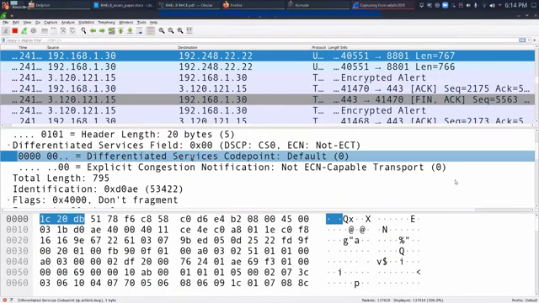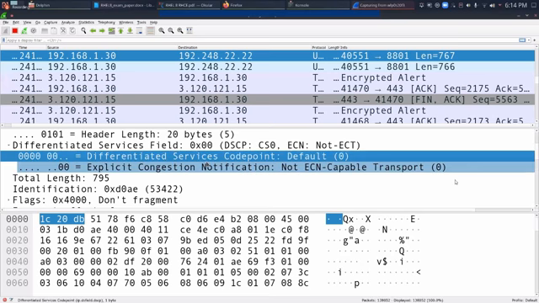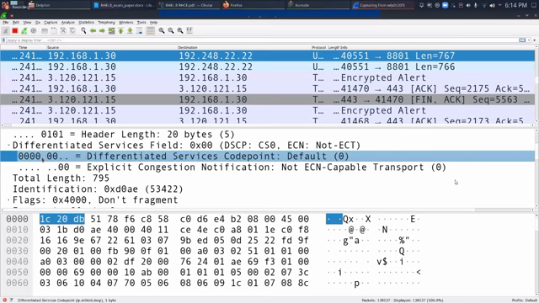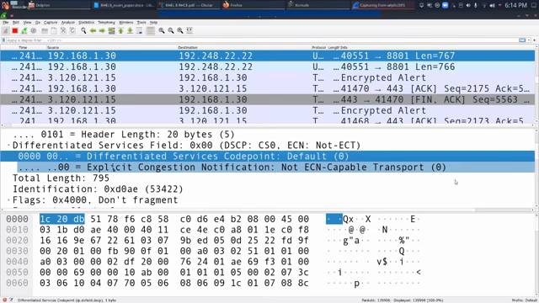Differentiated service code points, DSCP, is discussed under the type of service or quality of service in the IPv4 data packet. The explicit congestion notification is when there are any collisions in transport, the recipients are notified while receiving the data packet.